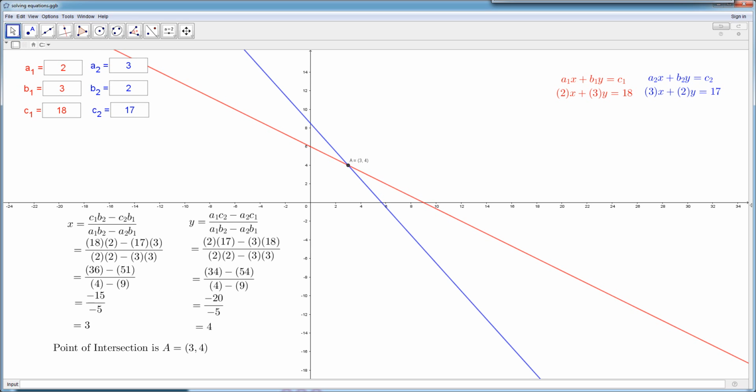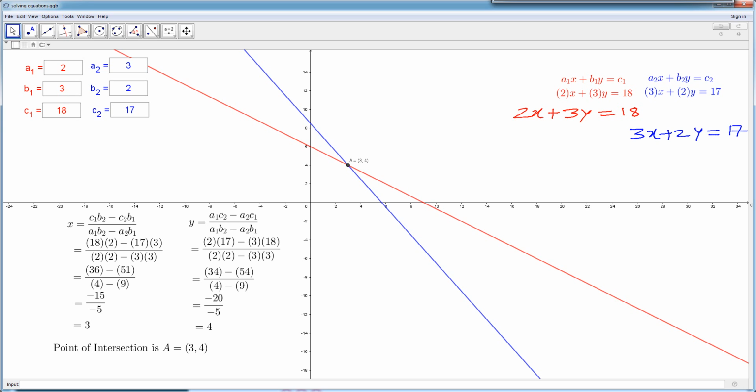Thus, we have two straight lines. The equation of the first straight line is 2x plus 3y is equal to 18, and the equation of the second straight line is 3x plus 2y is equal to 17. So what is the value of a1 here?